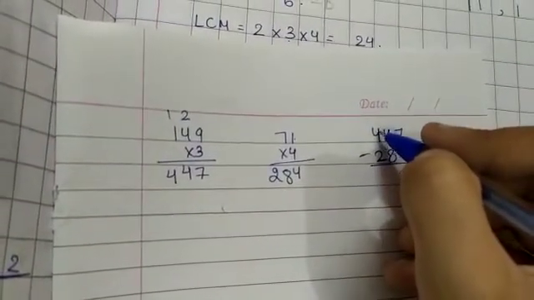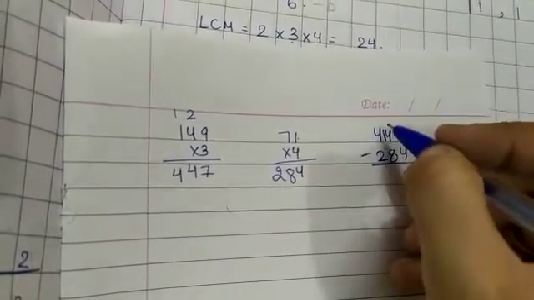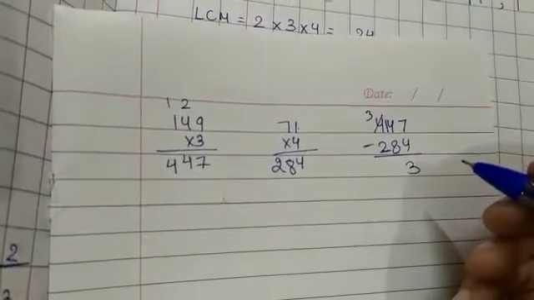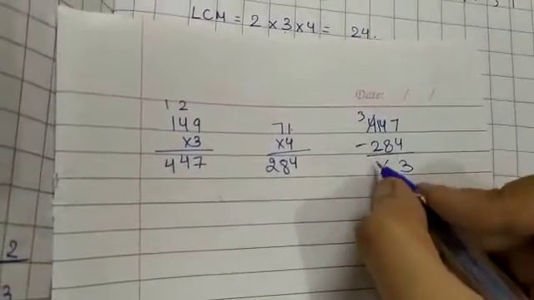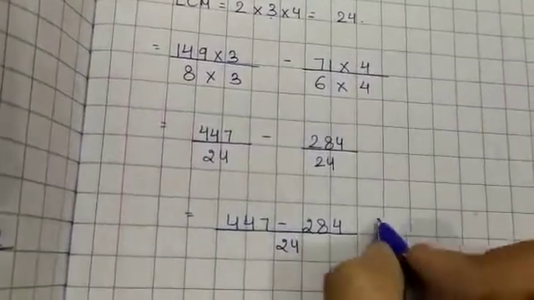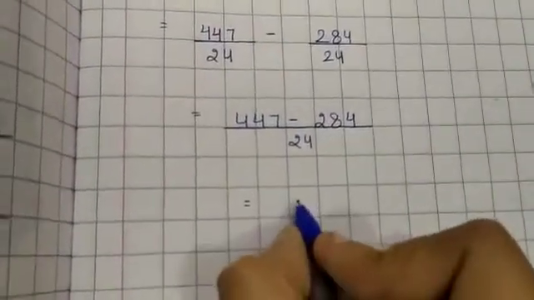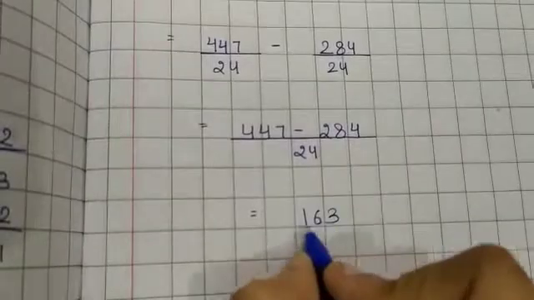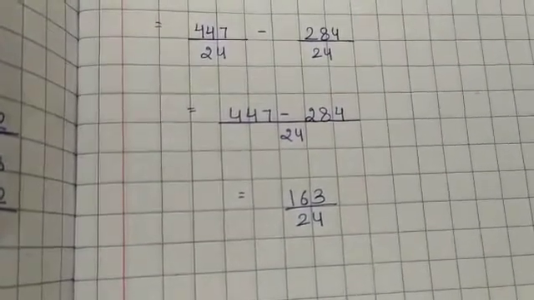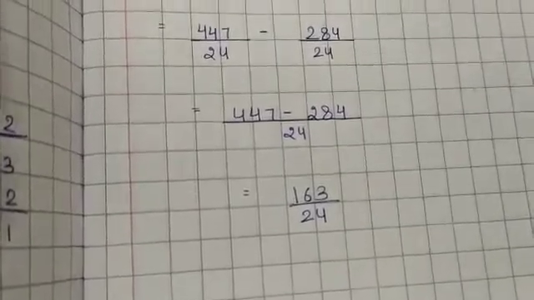So we'll take one borrow from this 4, which makes this 4 14, and this 4 will become 3. So 14 minus 8 is equal to 6, and 3 minus 2 is equals to 1. So 163 upon 24, right? Now we have to convert it into mixed fraction.